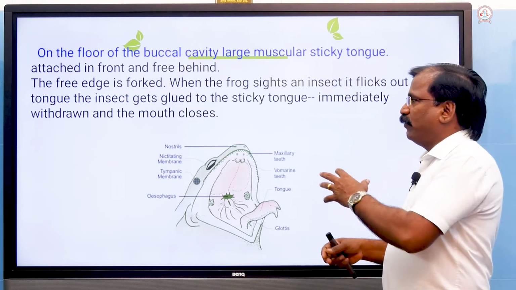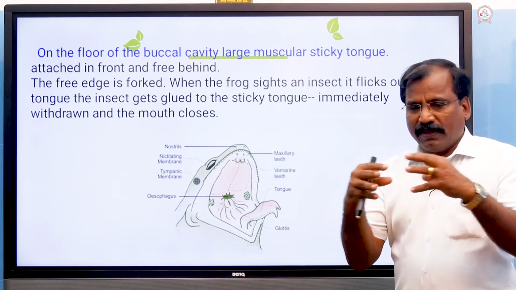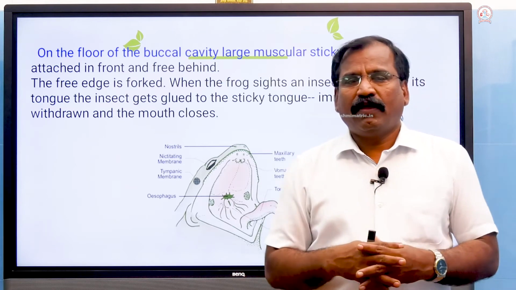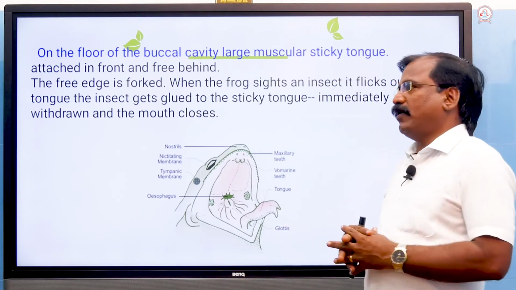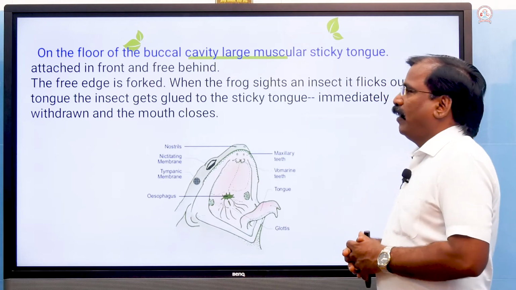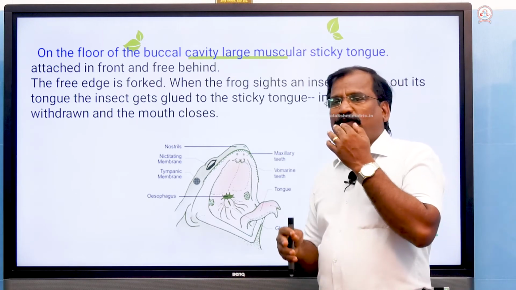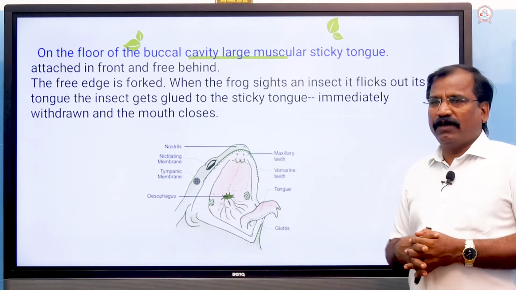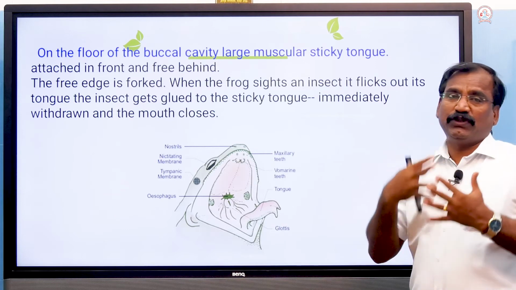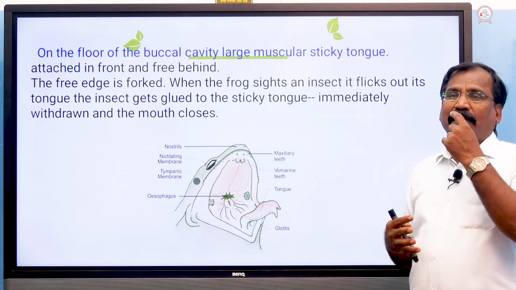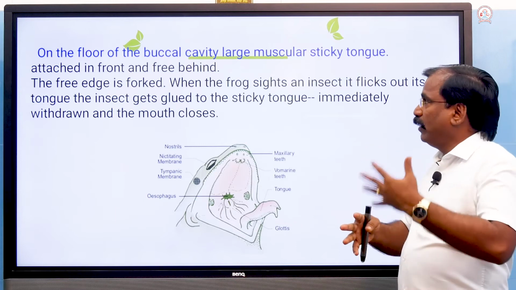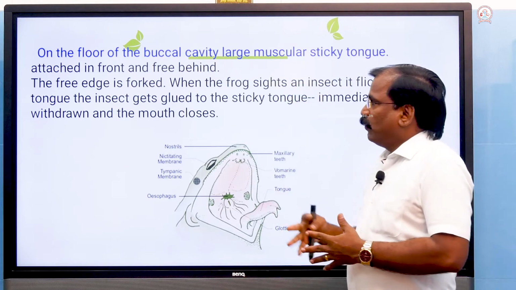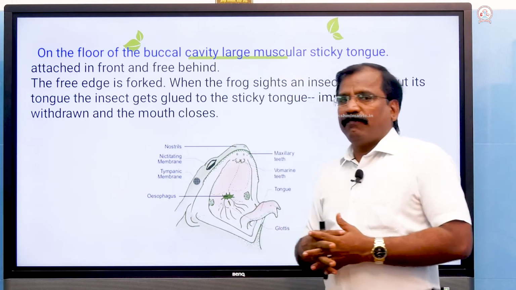And now we are going to discuss the structure of each and every part of the alimentary canal. I know that the mouth leads to the buccal cavity. It's a wide, spacious, cave-like region. What are the structures seen in the buccal cavity?